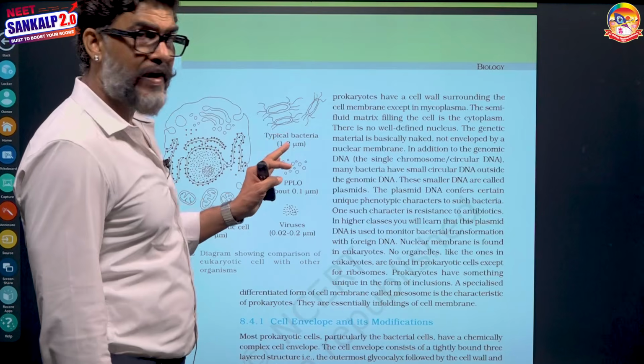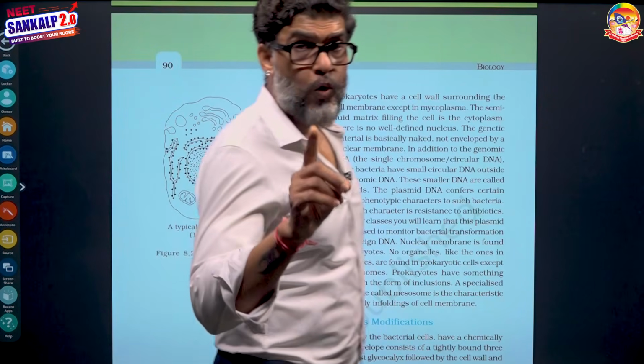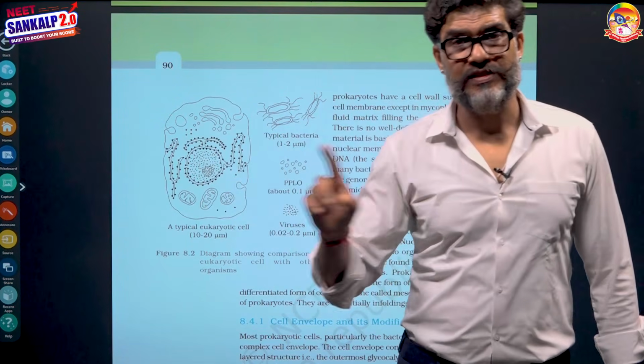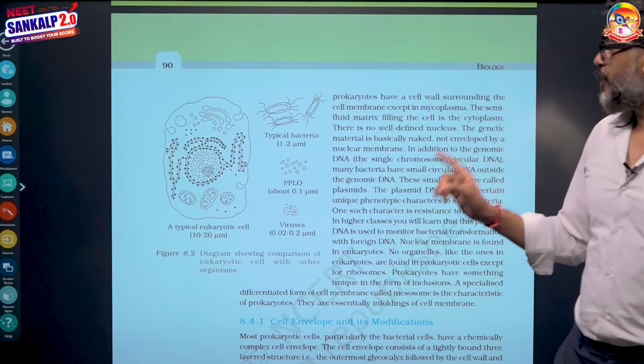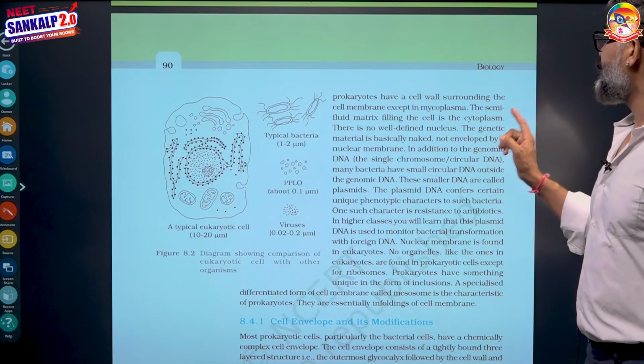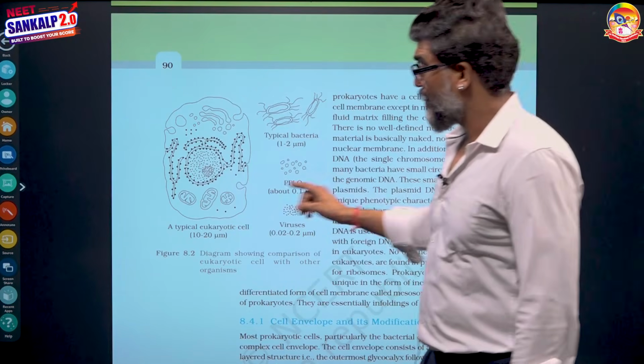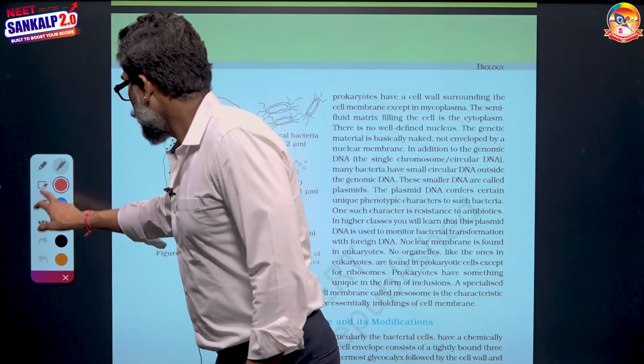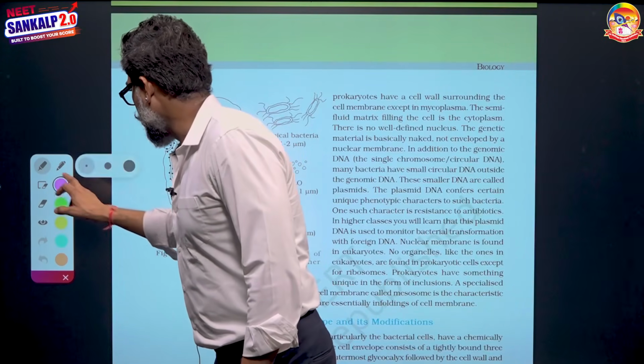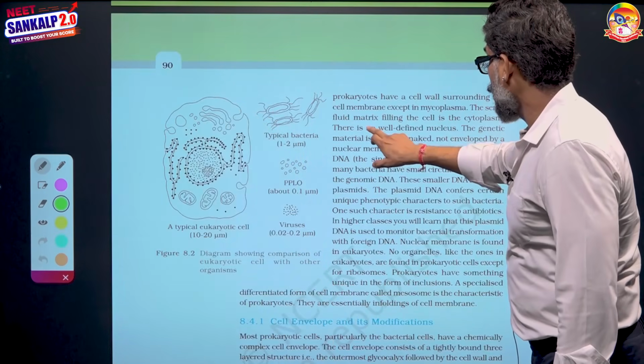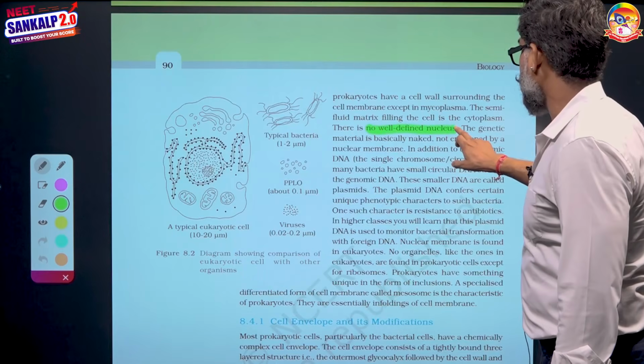There is no well-defined nucleus. Again, don't say that in prokaryotes the nucleus is absent. You must say that in prokaryotes a well-defined nucleus is absent, as clearly mentioned here. So keep this fact also in memory.